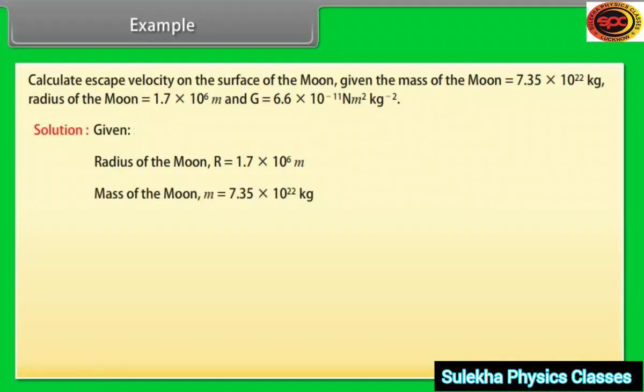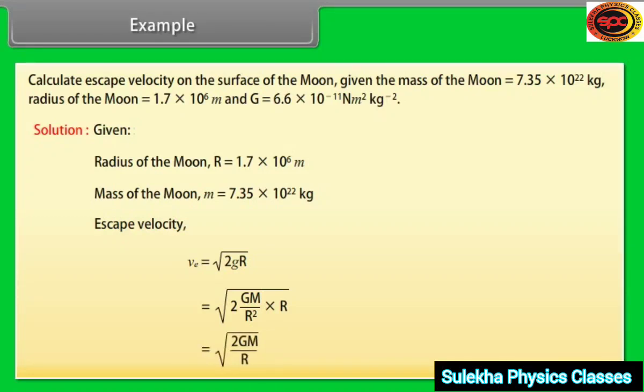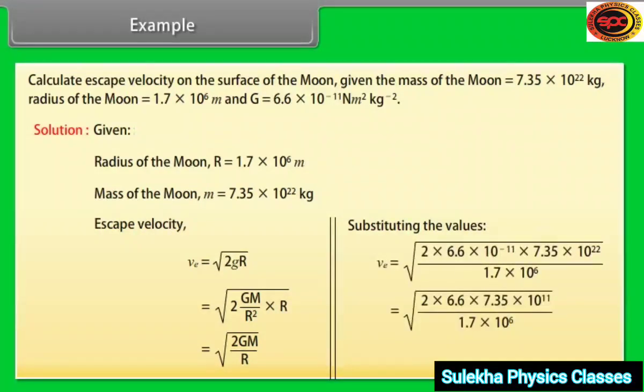Mass of the Moon m = 7.35 × 10^22 kilogram. Escape velocity is equal to the square root of 2gr. By putting the value of g, we get escape velocity = square root of 2GM/r. By substituting the values, we get escape velocity = 2.4 × 10^3 meter per second.